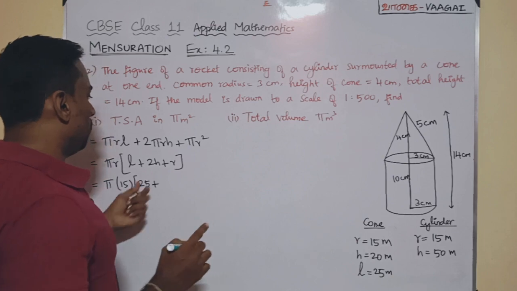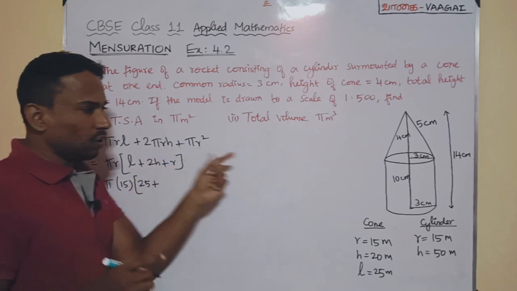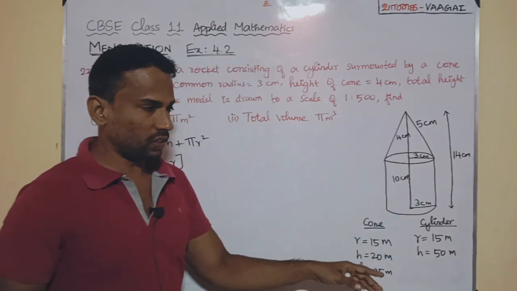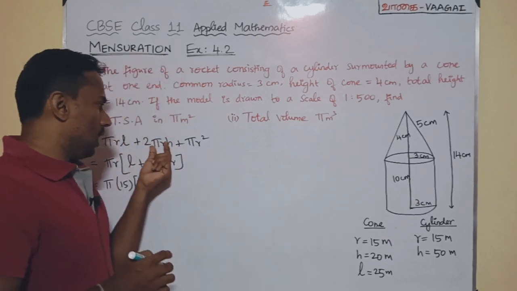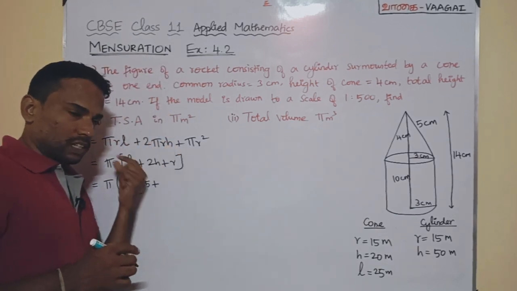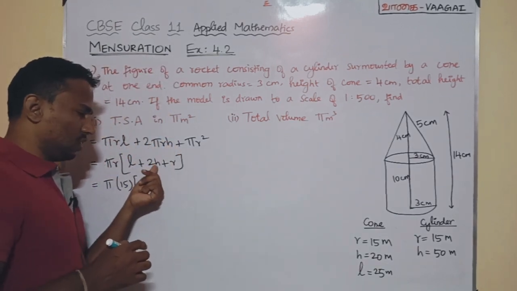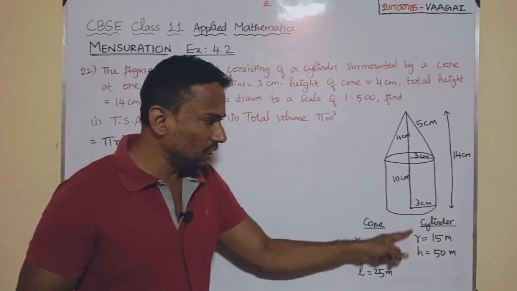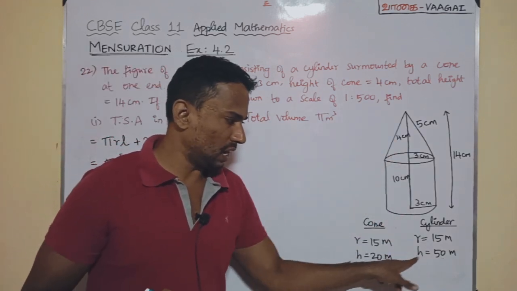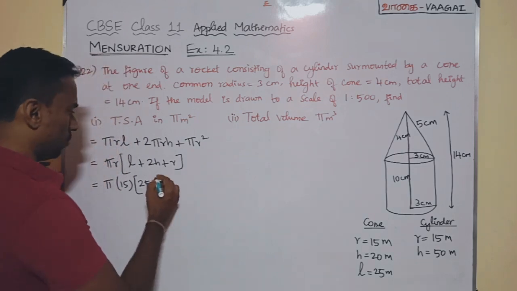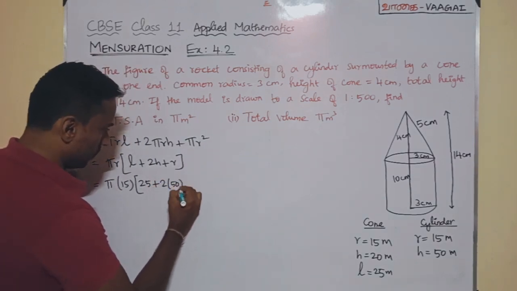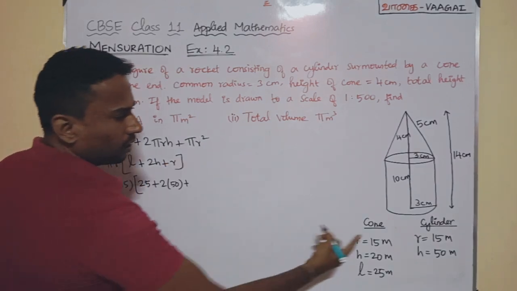Remember, this h stands for the height of the cylinder only, don't confuse it with the height of the cone. From 2 pi rh we took h and r as common, so this h stands for the height of the cylindrical portion. So 2h means 2 into 50, then plus finally r, which is again 15.